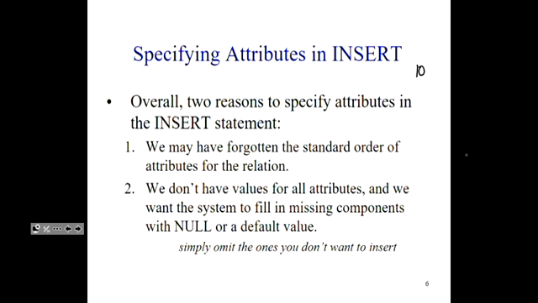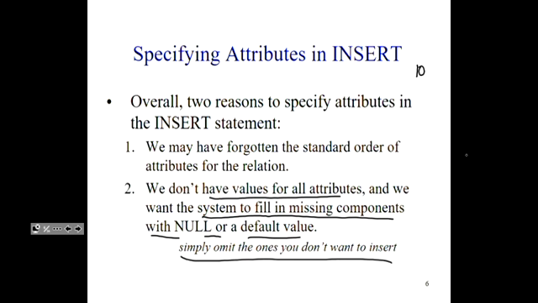Maybe those defaults are null, maybe it's some other value, but the database will figure out what you want. So like I said, if we don't have values for all attributes and we want the system to fill in the missing components with a null or a default value, you simply omit the ones that you don't want to insert. The database will fill in default values.